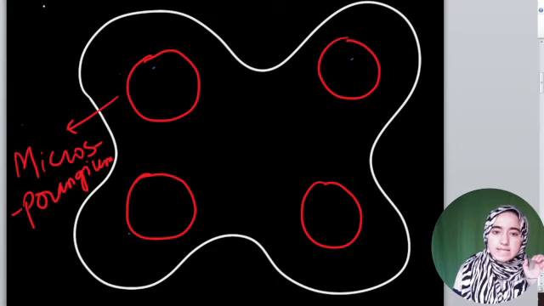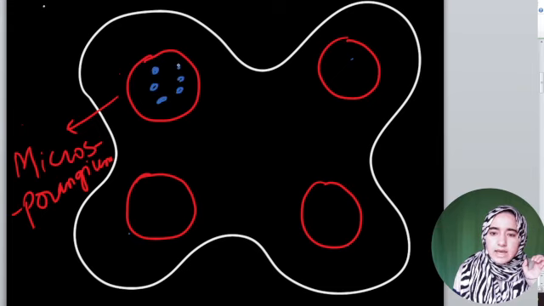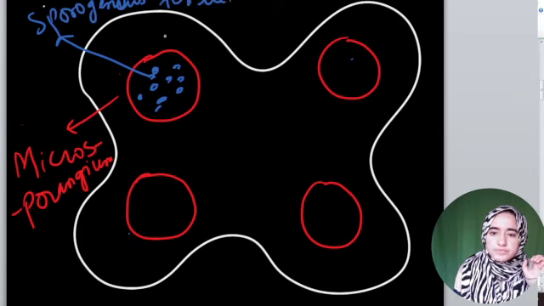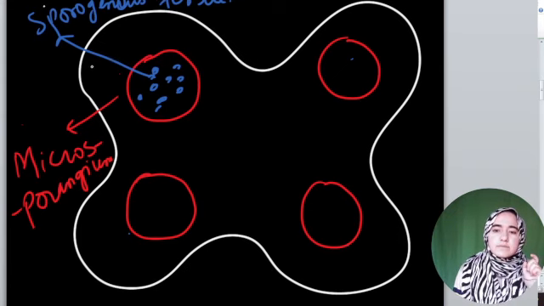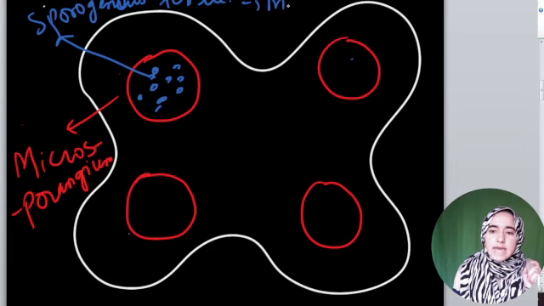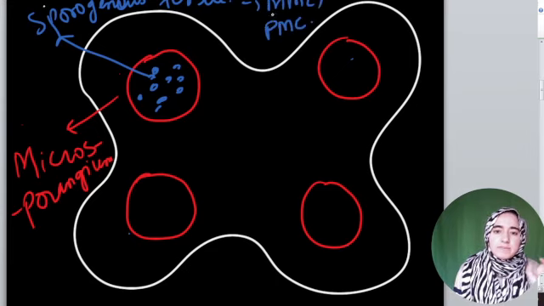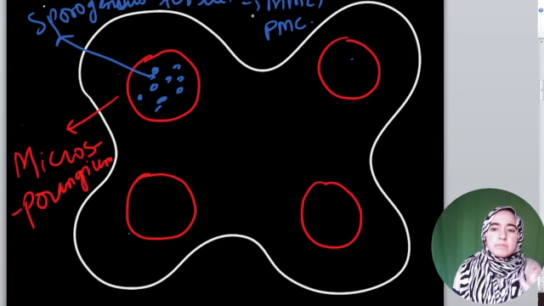Inside each microsporangium, we have tissue, and the tissue is known as sporogenous tissue. Since this is tissue, it is formed by cells, and those cells are known as MMC or PMC. MMC means microspore mother cell and PMC means pollen mother cell.